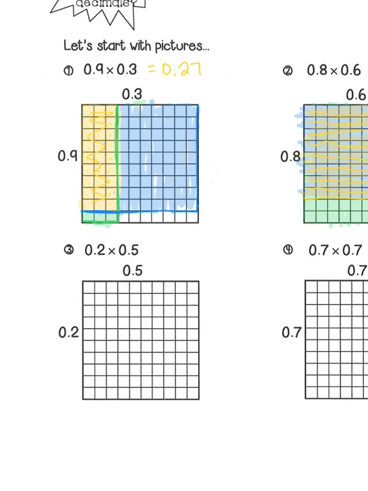I'll do one more with the model. All right, so I have 0.2 times 0.5, or 2/10 times 5/10. So I'm going to show my 5/10. 1, 2, 3, 4, 5. It doesn't have to be perfect with your shading, just so you know generally how much is shaded. Okay, so I have 5/10. Then I'm going to show 2/10 horizontally. Go all the way over.